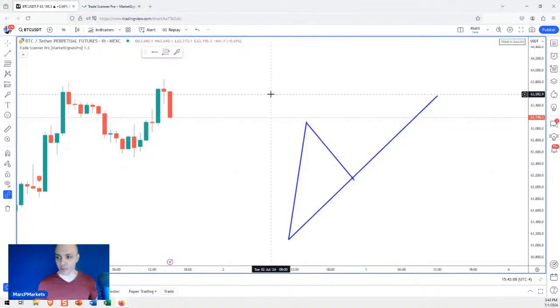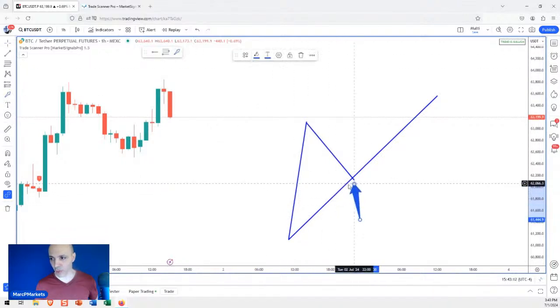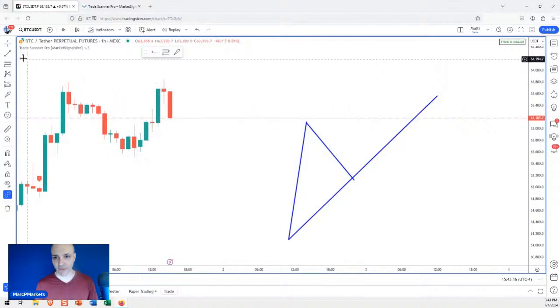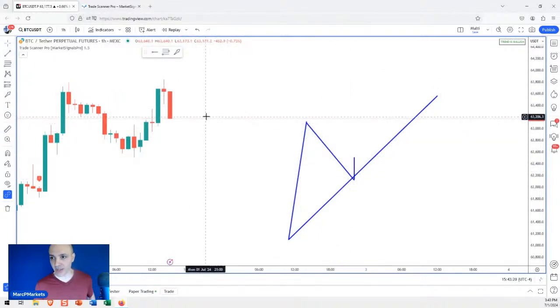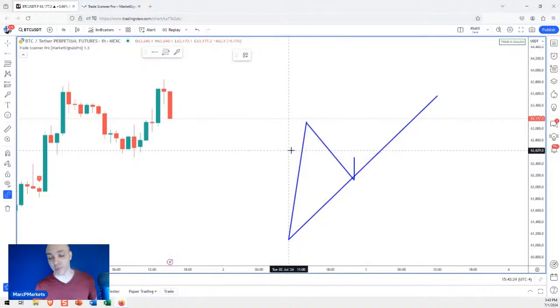So let's say it pulls back. And once it identifies the pullback, it looks for changes in momentum at that point. It's evaluating the pullback for changes in momentum. Once the changes occur, it then looks for this movement, confirming that momentum is now reversing back to the side of the dominant trend.